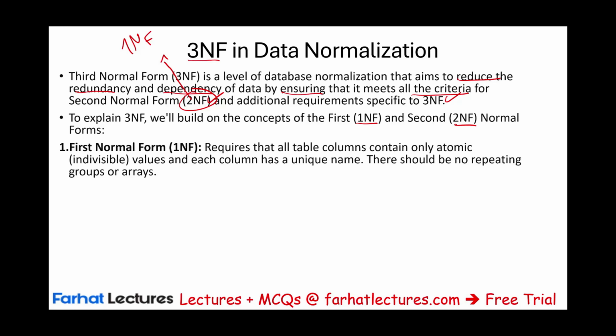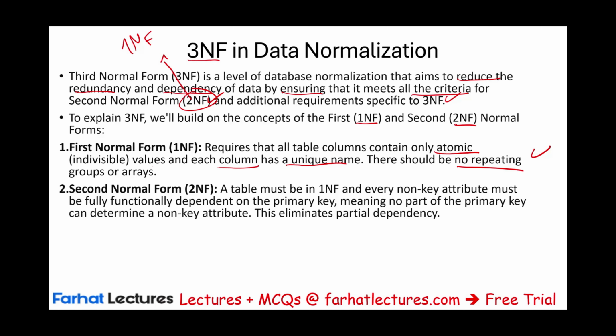Remember, the first normal form requires all table columns to contain only atomic, indivisible values. That's one condition, and each column has a unique name. There should be no repeating groups or arrays, and we looked at this in the first normal form. Once the table is in the first normal form, you can proceed to the second normal form.